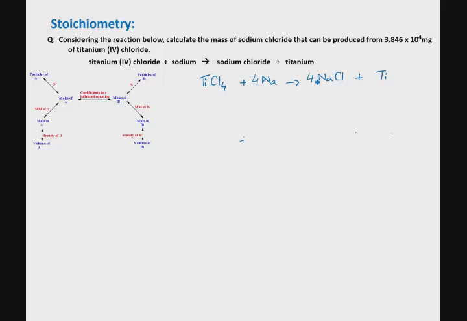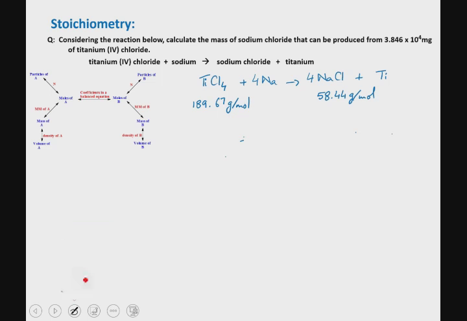Okay, since we are in this process, why don't we also calculate the molar masses of the two compounds in this equation. So titanium 4 chloride has a molar mass of 189.67 grams per mole, and sodium chloride has a molar mass of 58.44 grams per mole. Okay, so now let's evaluate this question.